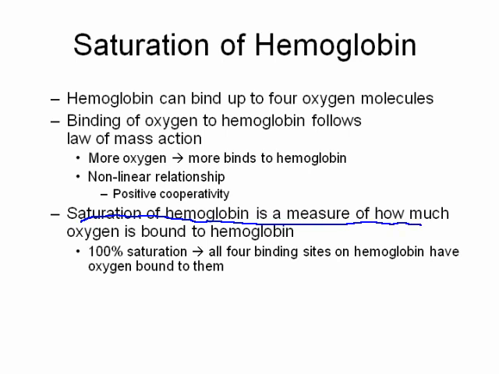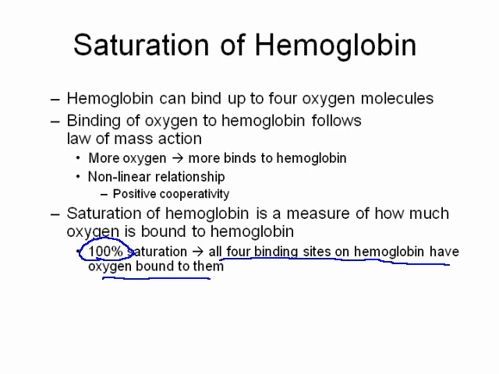So the saturation of hemoglobin is a measure, first of all, of how much oxygen is being bound to hemoglobin. 100% saturation means all 4 binding sites in the hemoglobin molecule have oxygen bound to them.